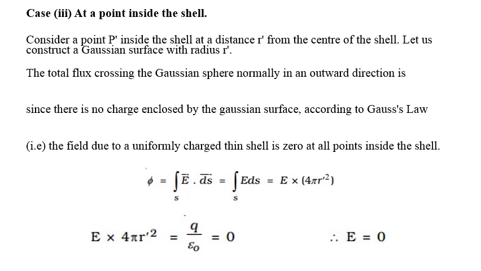The total flux crossing the Gaussian surface normally, in an outward direction, and since there is no charge enclosed by the Gaussian surface, according to Gauss law, the field due to a uniformly charged thin shell is zero at all points inside the shell. That is the reason when we calculate, the flux will be zero.